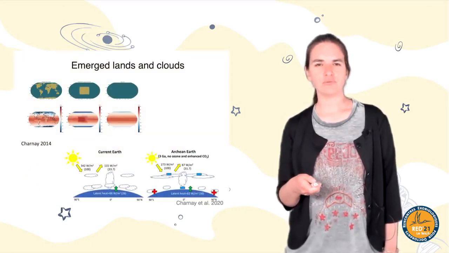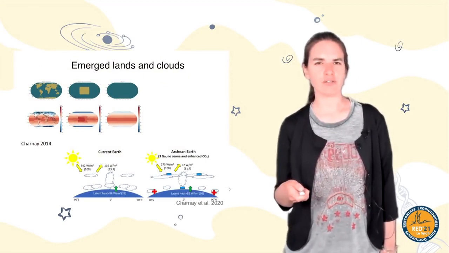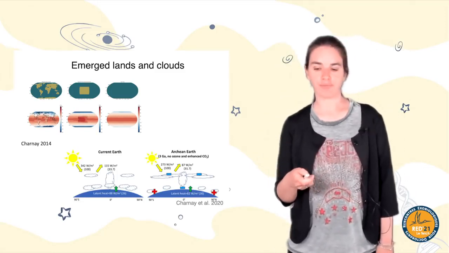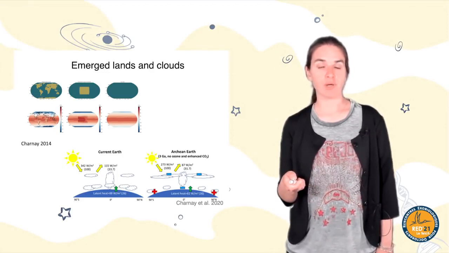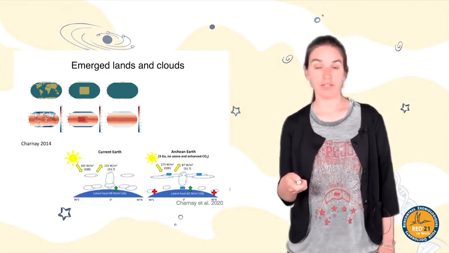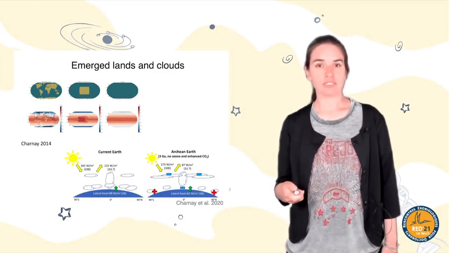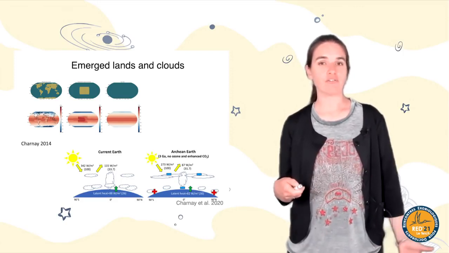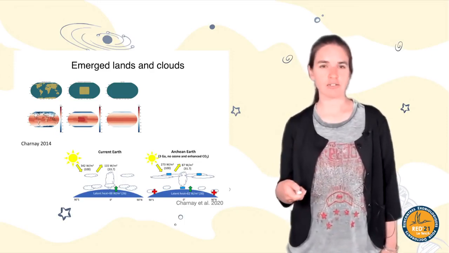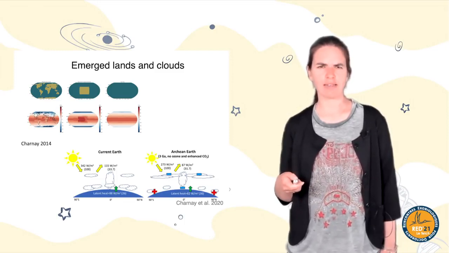And then if you add some methane and also some nitrogen, you will have a greenhouse effect that should be intermediate. And the purple curve is when you have only CO2 in the atmosphere. So what is interesting with this modeling is that it looks like we can have a greenhouse effect that was not so strong as previously suggested if you take into account other gases than CO2, like methane and also some nitrogen.